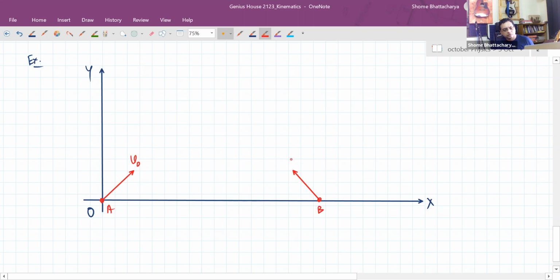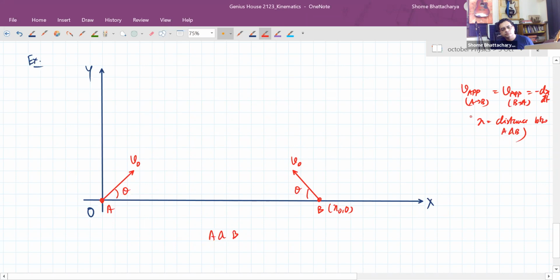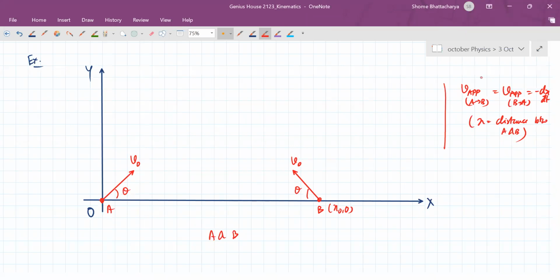Yes, that's correct, Bhavika. The approach velocity of A with respect to B is the same as the approach velocity of B with respect to A, because it is basically the rate at which the distance between them is decreasing, where x is the distance between A and B. Okay, sir. That's one additional thing we can understand.